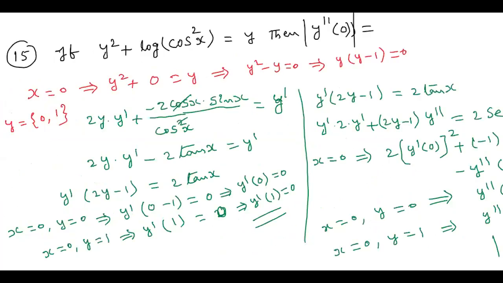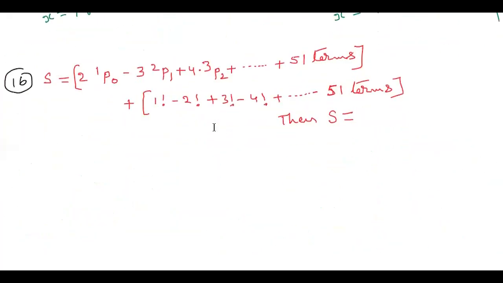Next, I am going to the 16th question. See this? This is a lengthy question, but I think easy only. S is equal to 2 into 1P0 minus 3 into 2P1 plus 4 into 3P2 and so on up to 51 terms, plus 1 factorial minus 2 factorial.